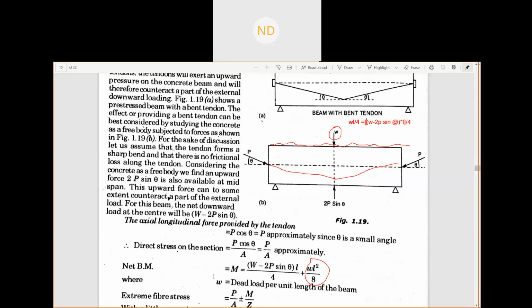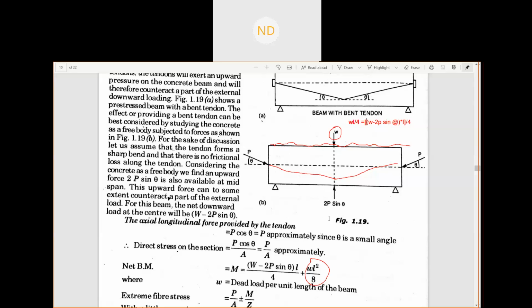So this may be clear to you: when we use a bend tendon, there is only this extra external force, which is trying to counterbalance some of the other external forces. When we give a bend to the tendons, why do we give it? Just to get this upward thrust, so that this upward thrust can balance your external downward forces which are coming on the beam.